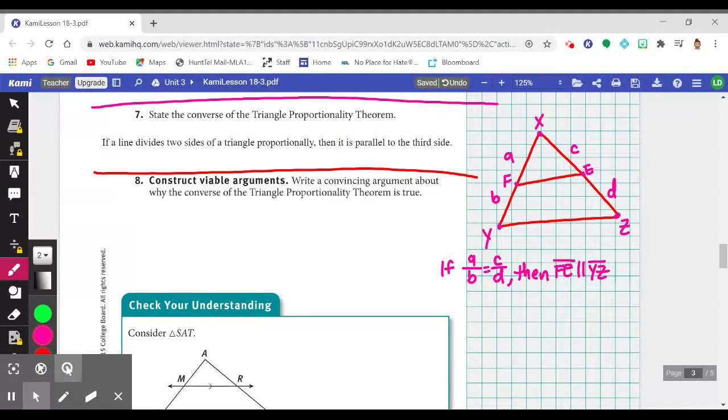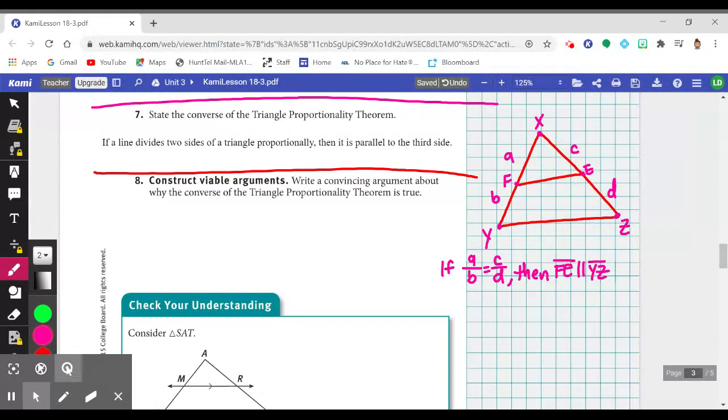Okay, so here we've taken the opportunity to write the converse of the triangle proportionality theorem, and I probably wrote it a little bit differently than you. It says if a line divides two sides of a triangle proportionally, then it is parallel to the third side.